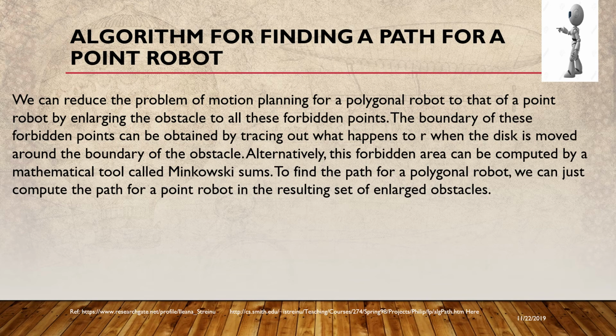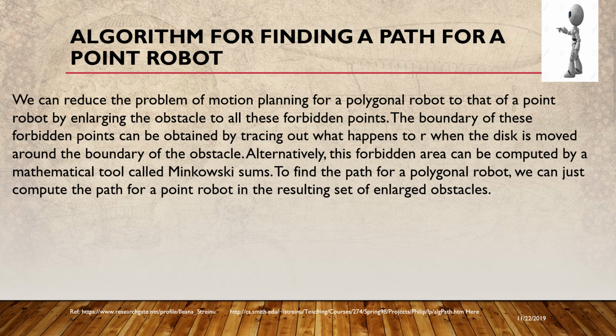We can reduce the problem of motion planning for a polygonal robot to that of a point robot by enlarging the obstacles to include all these forbidden points, which are called obstacle points.